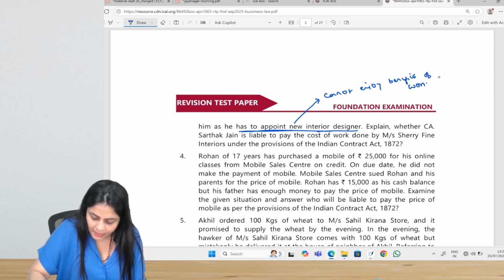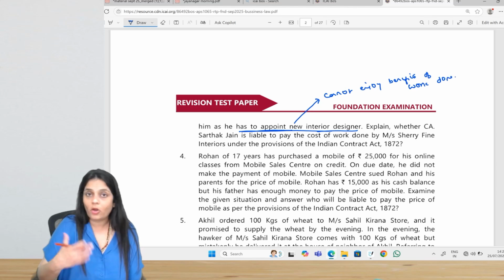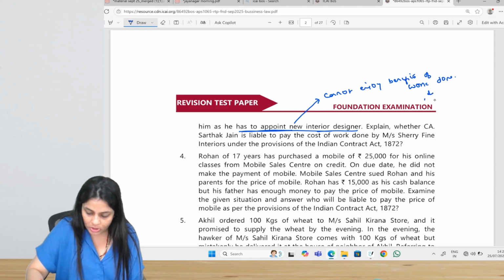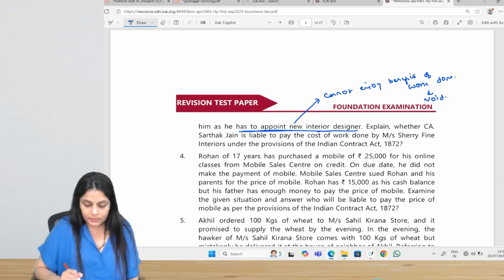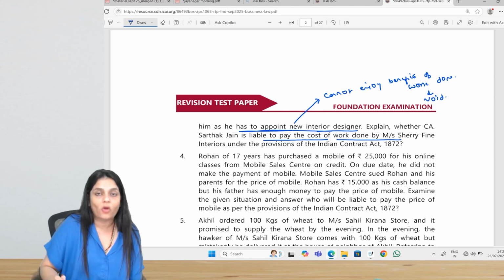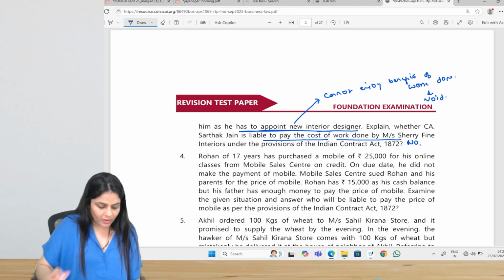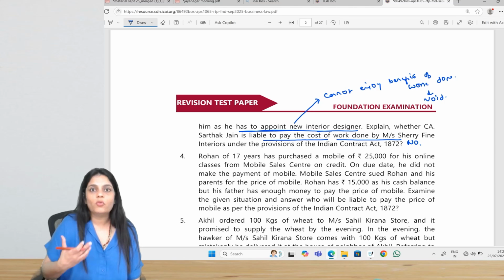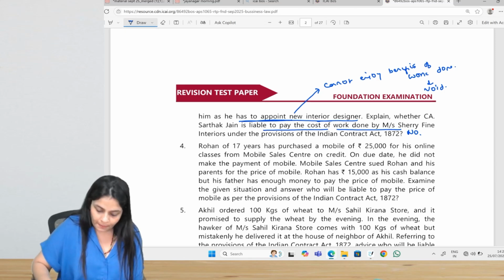And when you cannot enjoy benefits of the work done, the contract becomes what? Void. Explain whether C.A. Sarthak Jain is liable to pay the cost of work done by Messrs. Sherry Fine Interiors under the provisions of the Indian Contract Act. Is he liable to pay? No. Why? Because the work was not completed and the work that was done is of no use to him.